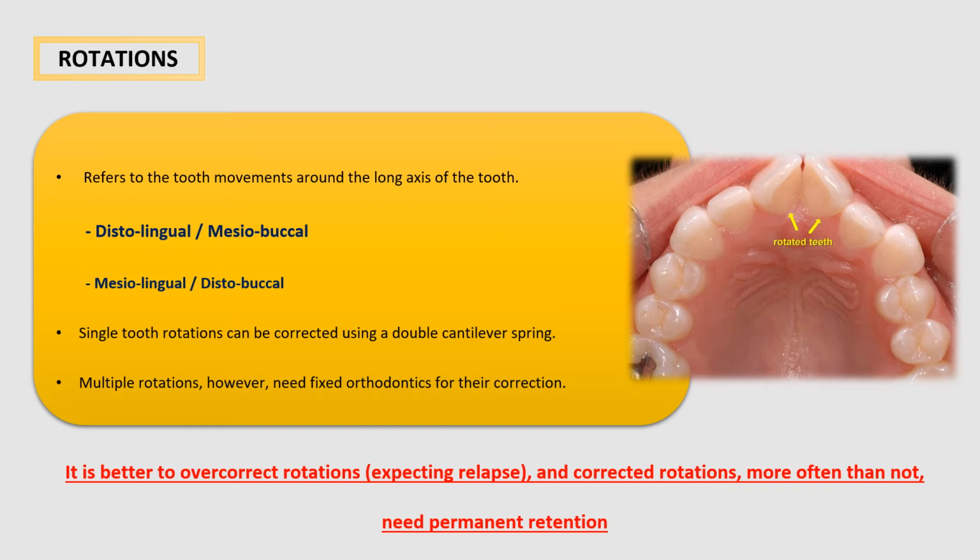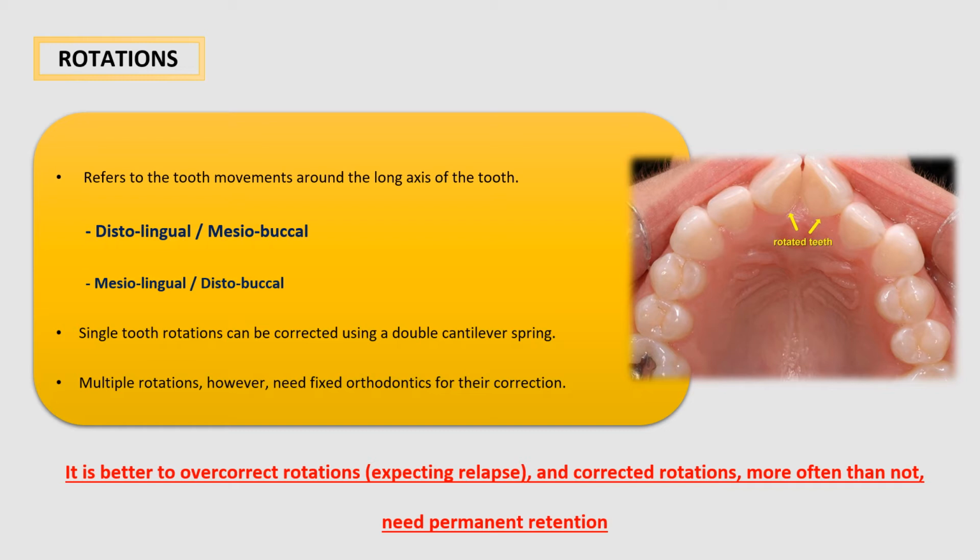So you can use the same mechanics we've discussed for gaining additional space to derotate these teeth. However, if you come across a single tooth which is rotated, you could probably use a double cantilever spring to derotate that particular tooth. Sorry.